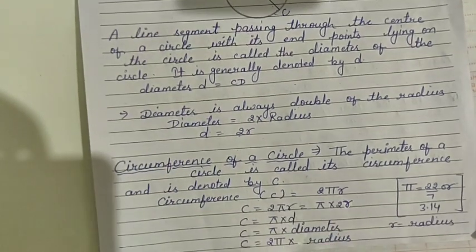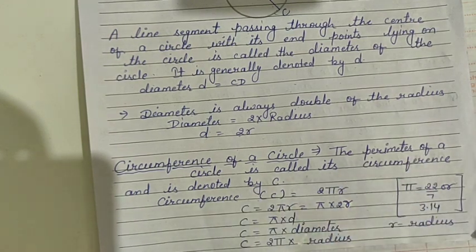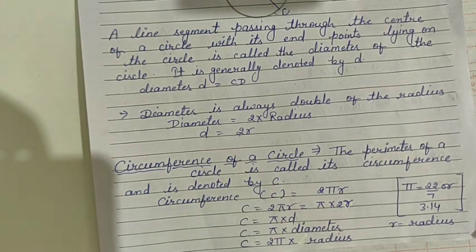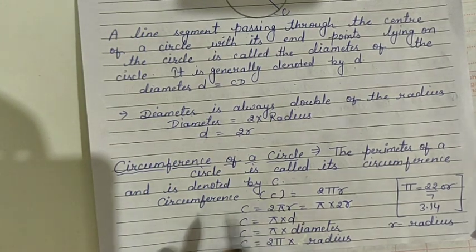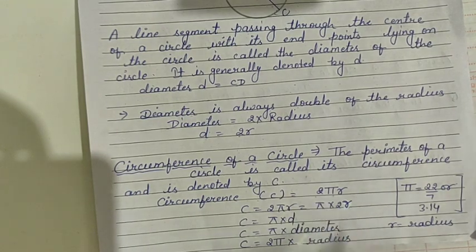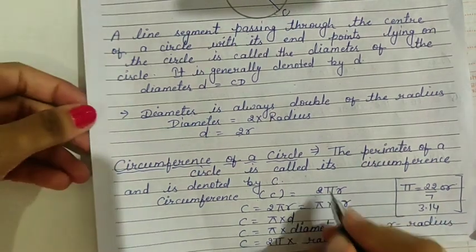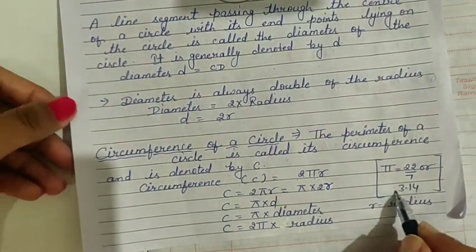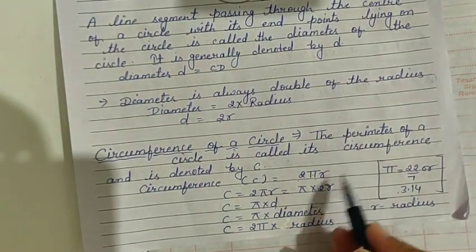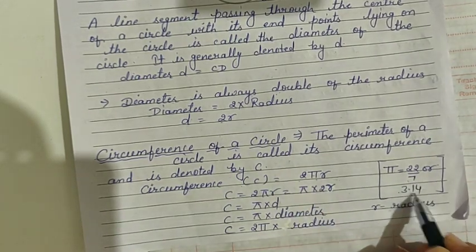Now circumference of a circle. The perimeter of a circle is called its circumference and is denoted by C. Circumference of a circle is equal to 2 pi r, where r is radius and value of pi is 22 upon 7 or 3.14.